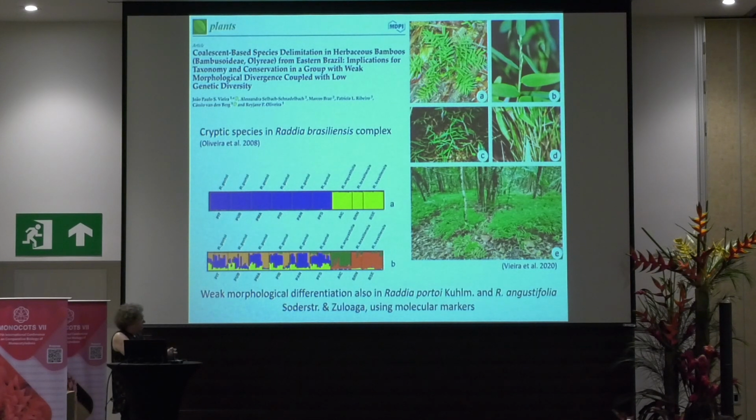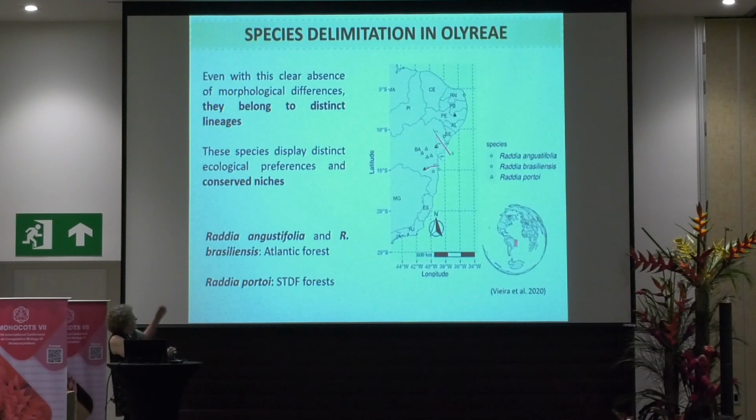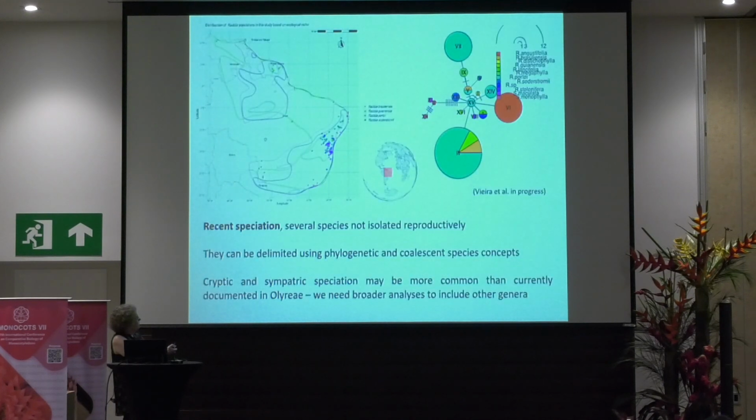So pretty clear we've got a lot more cryptic speciation there that we need to look at. Many of these appear to be recent radiations, so they're not isolated reproductively, so there's probably also hybridization and other processes going on here, so again, we need to hit this harder.